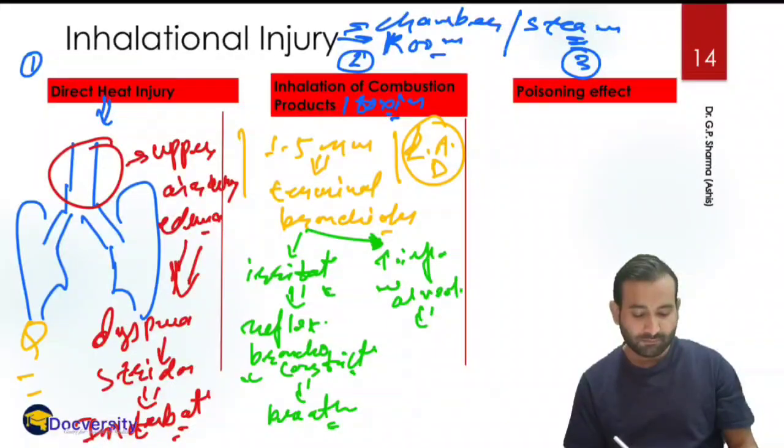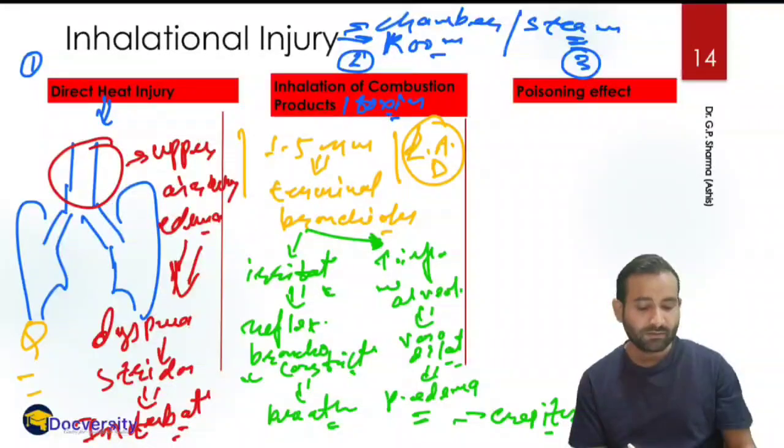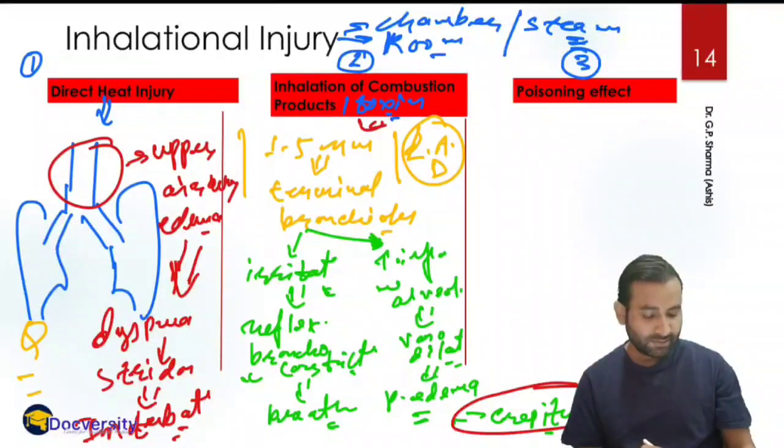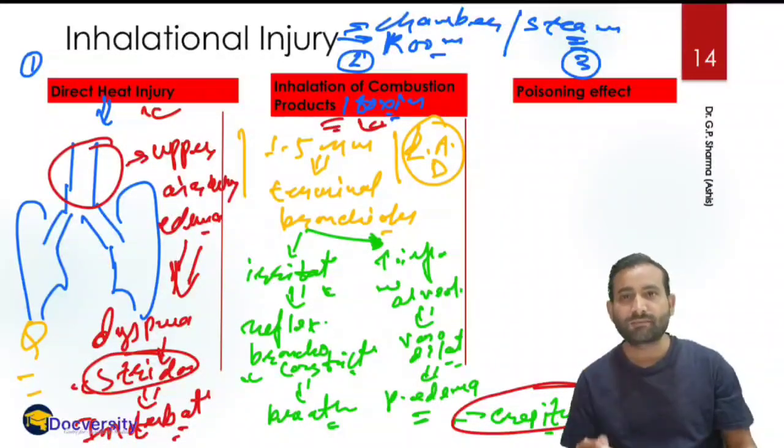That causes bronchial or pulmonary vasodilation. They cause pulmonary edema. This pulmonary edema produces crepitus. So look here: crepitus present, lower airway; stridor present, upper airway. Upper airway is because of the direct heat injury, and lower airway injury is because of the combustion products, the burn toxins, right? So hope you understand the mechanism.